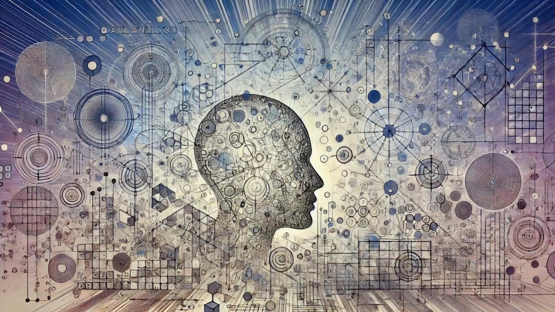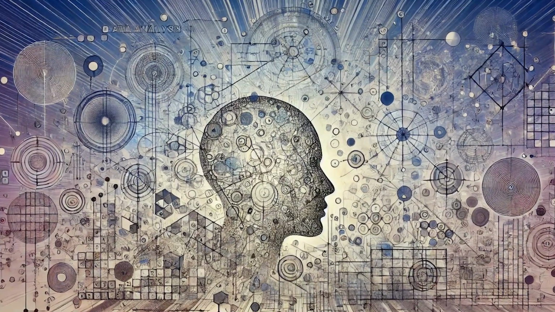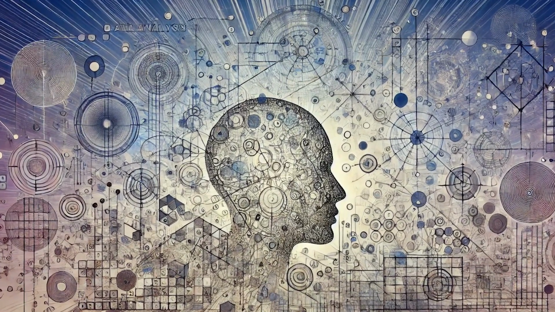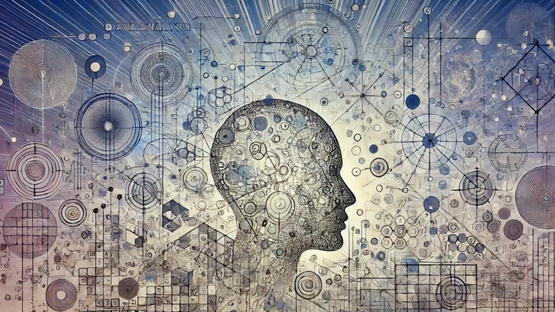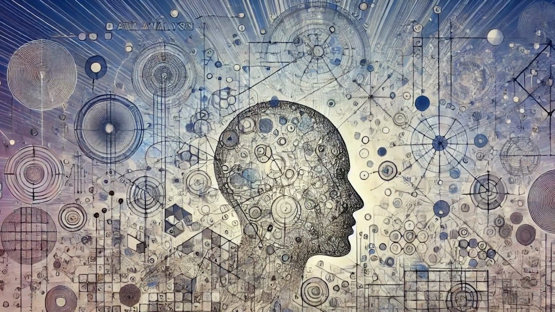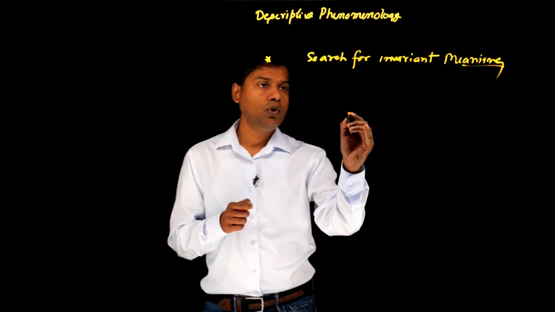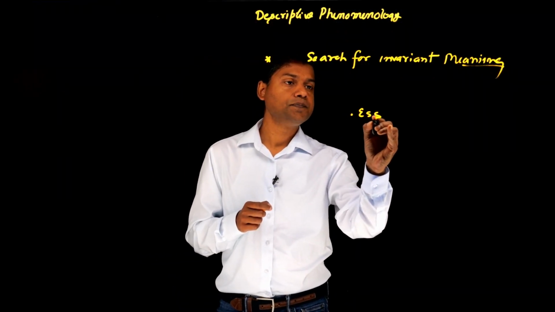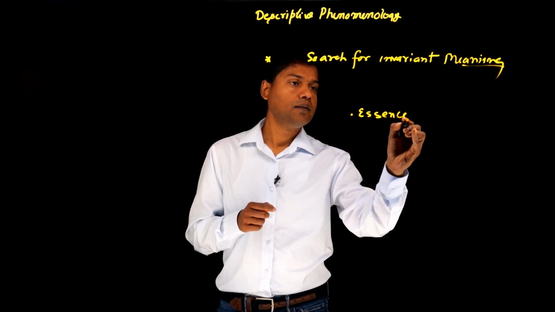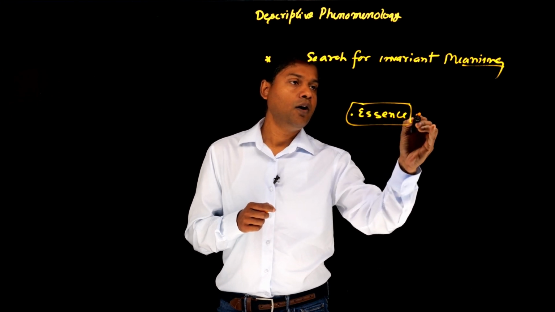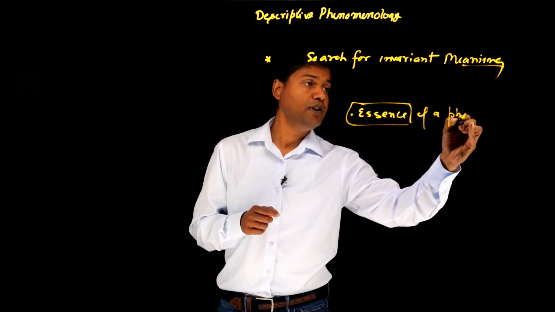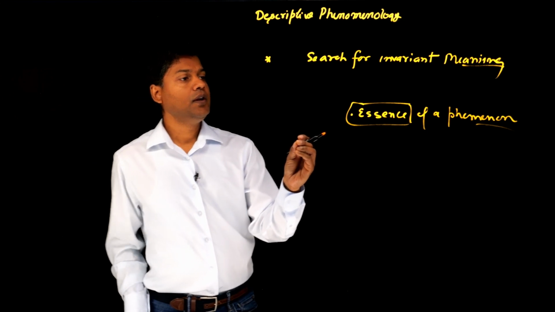Let's understand what it means when we say invariant meanings. As I said, this methodology is inspired by Husserl. Husserl used a word called essence, the essence of a phenomenon.